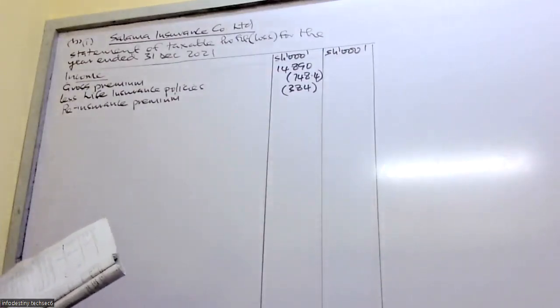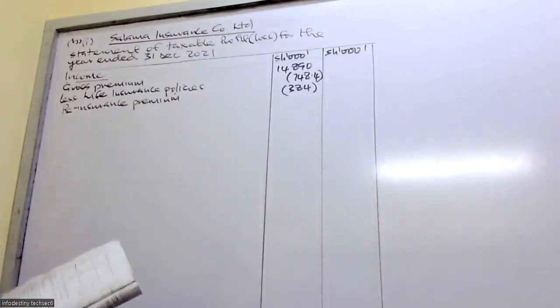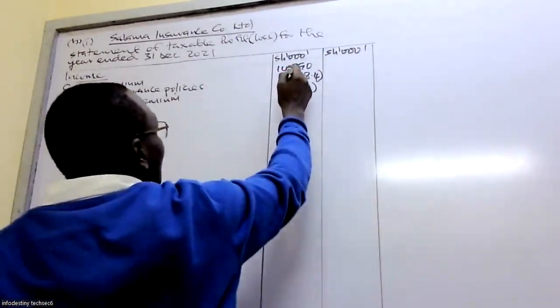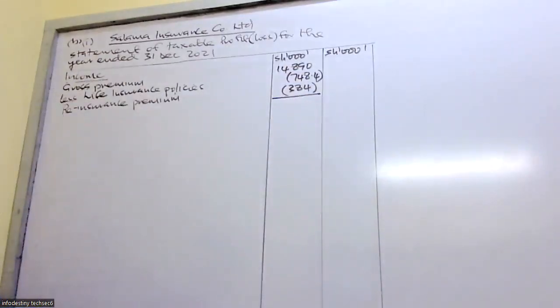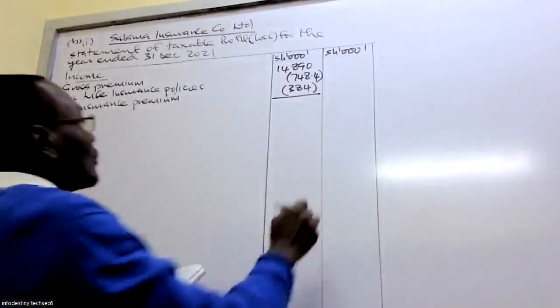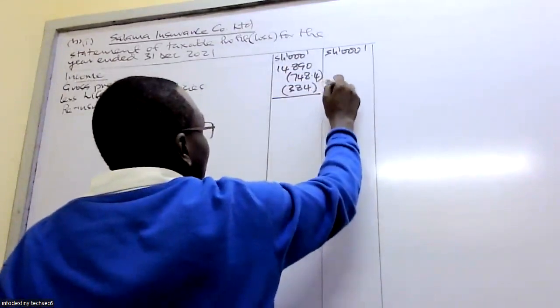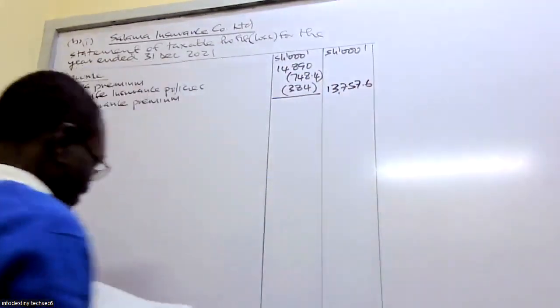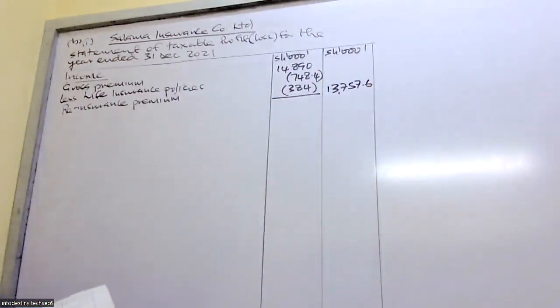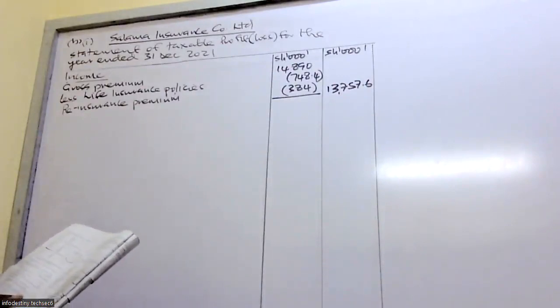Sometimes you're given returned premium, but this one did not have returned premium. These are the only adjustments for gross premium. So how much is left? 13,756. So that's premiums.